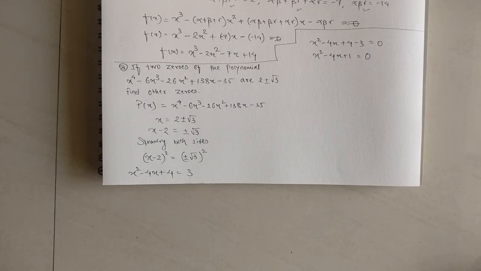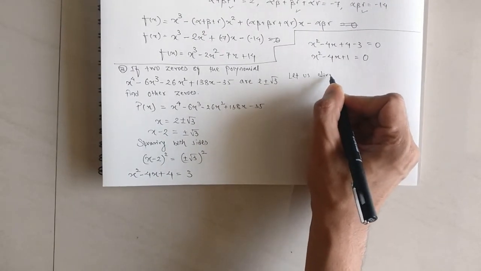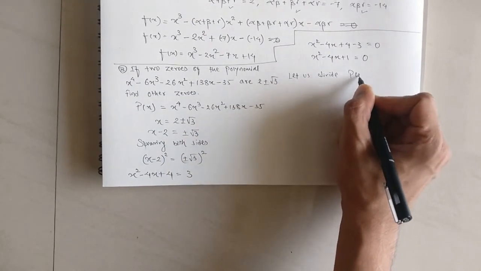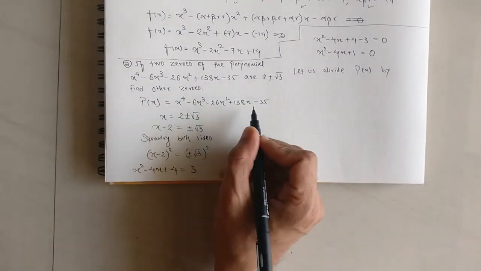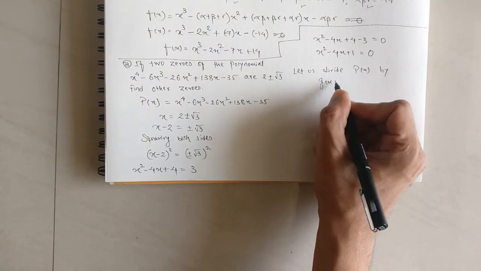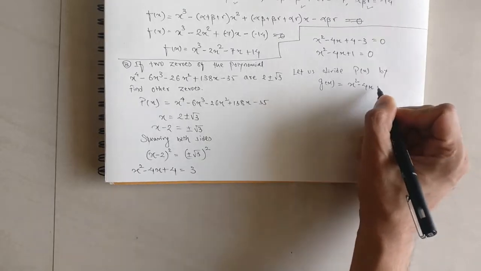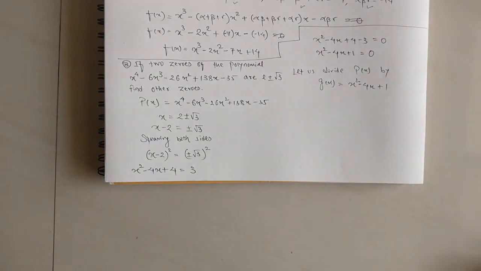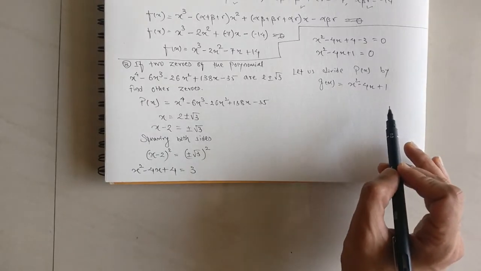So what we will do is we'll do a long division where we are going to divide p of x, which is our biquadratic polynomial, by g of x, which is equal to x square minus 4x plus 1. Now this is going to be a very long division, because here you are dividing a biquadratic polynomial by a quadratic polynomial, right?